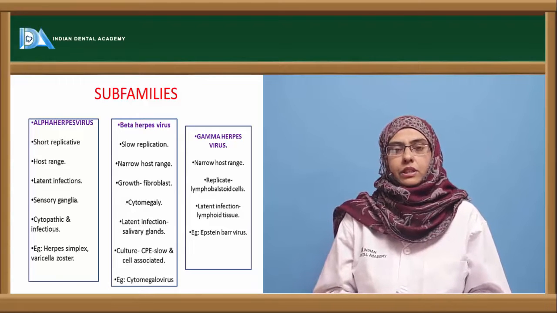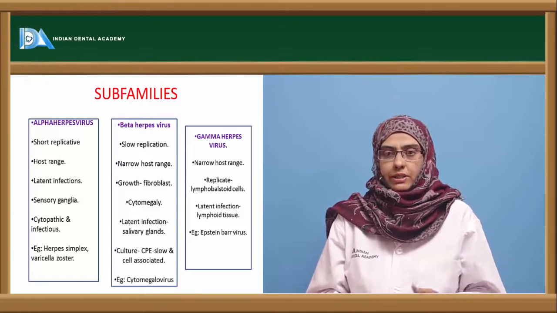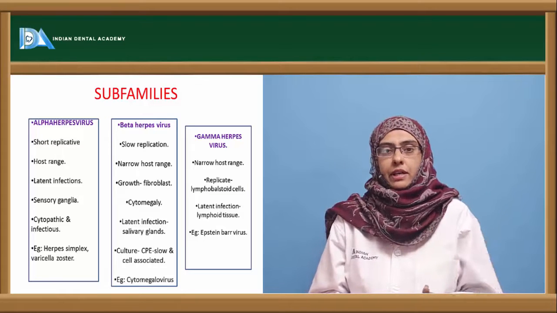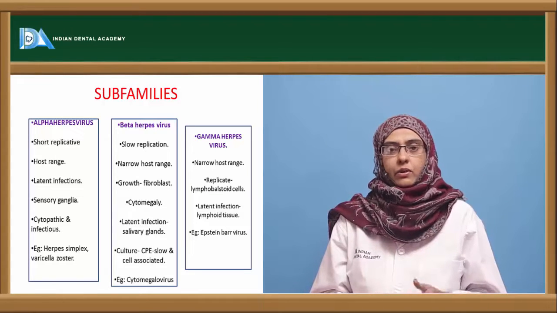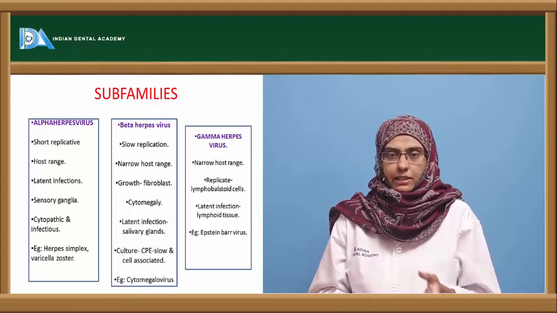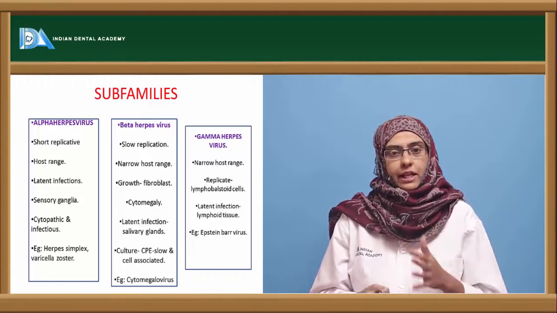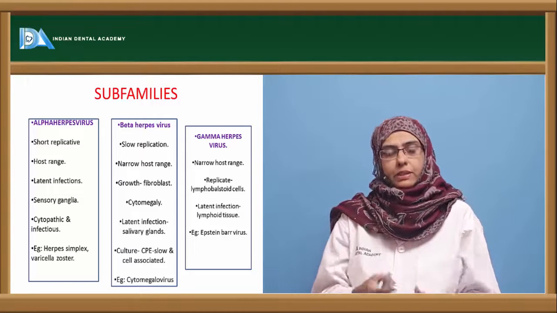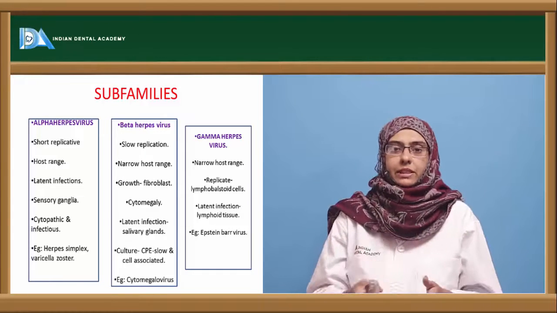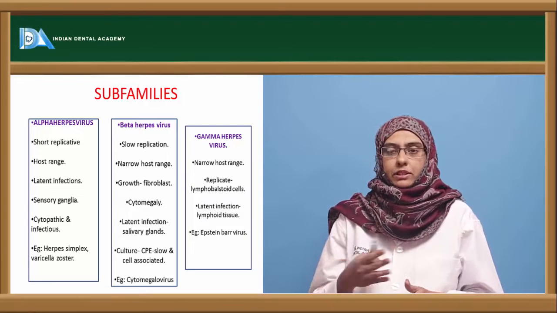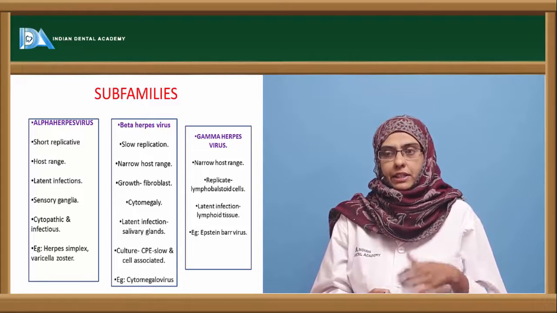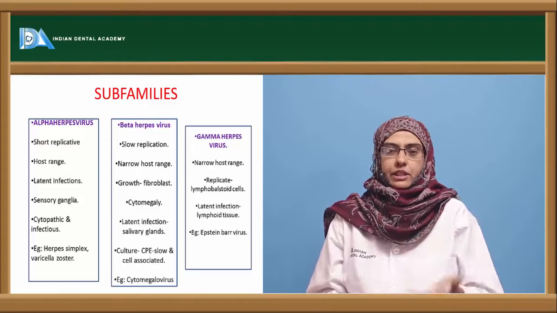Next, coming to the third one, that is the gamma herpes virus. They have a very narrow host range when compared to alpha and beta, and they replicate only in lymphoblastoid cells. That is, they have the ability to attack either the B cells or the T cells and can multiply and transform these B cells, mostly the B cells, to produce lymphoblastoid cells, and they have the ability to cause latent infection in these tissues only, that is in the lymphoid tissue.